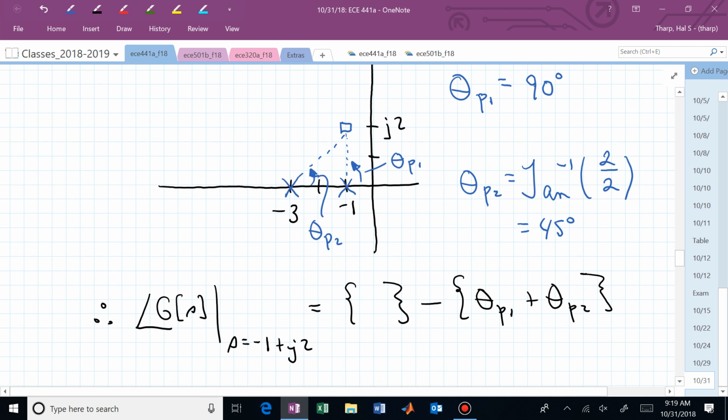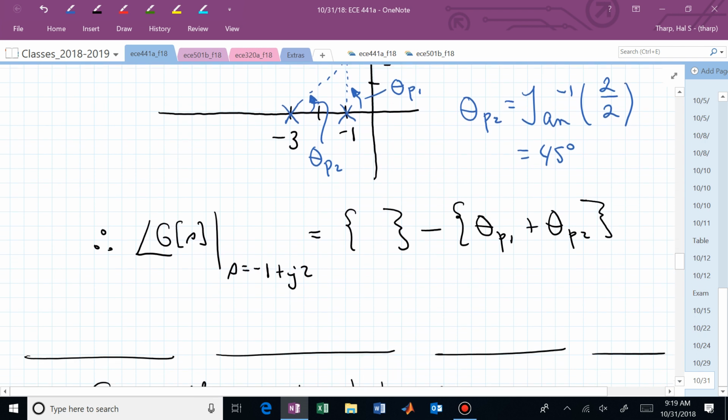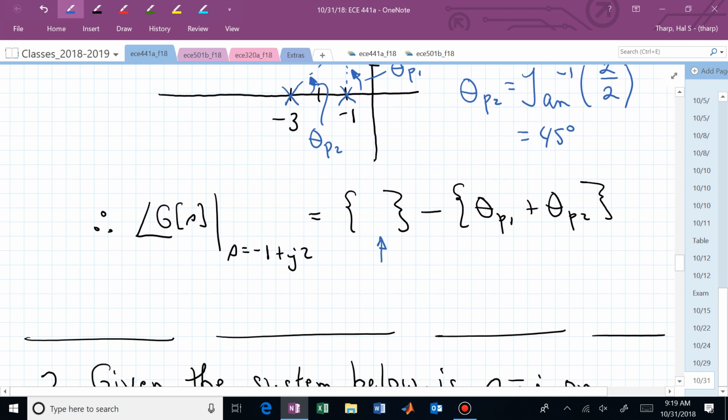So now the angle of G of S, evaluated at S equal to -1 plus j2, and you could plug this into your calculator if you wanted to. You could put this transfer function, G of S, into your calculator and say, evaluate the angle when S is equal to -1 plus j2, and it better give you the result that we now come up with. We didn't have any zeros. That's what this is.